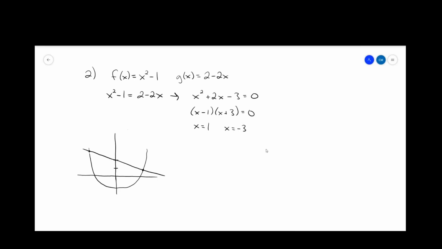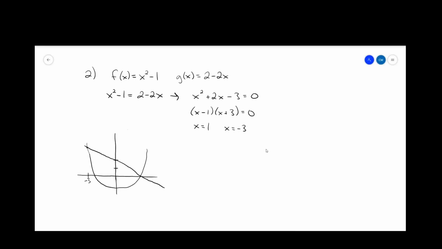Actually, I think I have the graph a little bit wrong. I think it should probably be more like this. It actually crosses the x-axis right there, or something like that. Anyway, the graph isn't super important. It just kind of gives you an idea of what you're expecting here. And my graph is certainly not particularly accurate because that's supposed to be minus 3 right there.